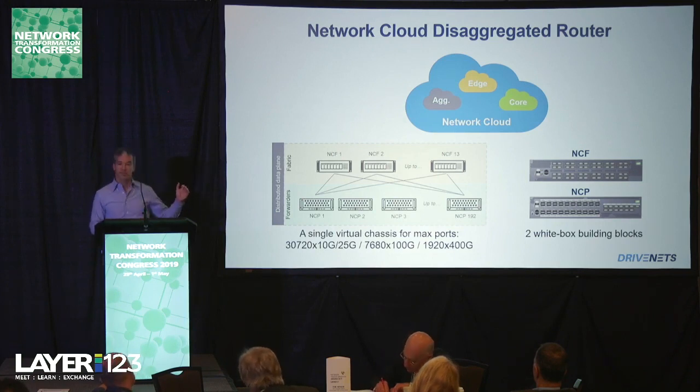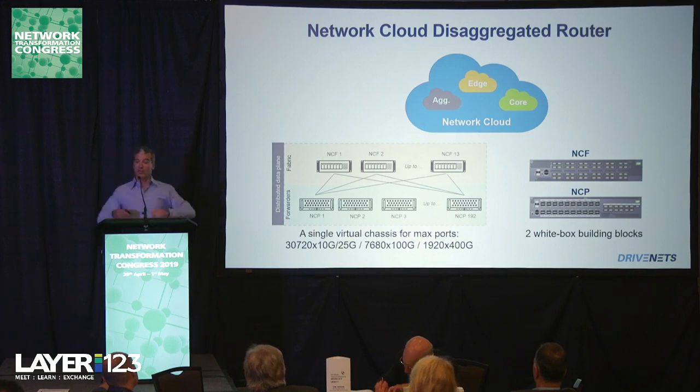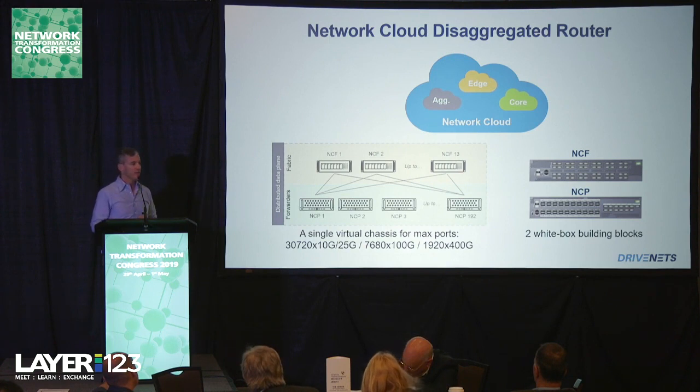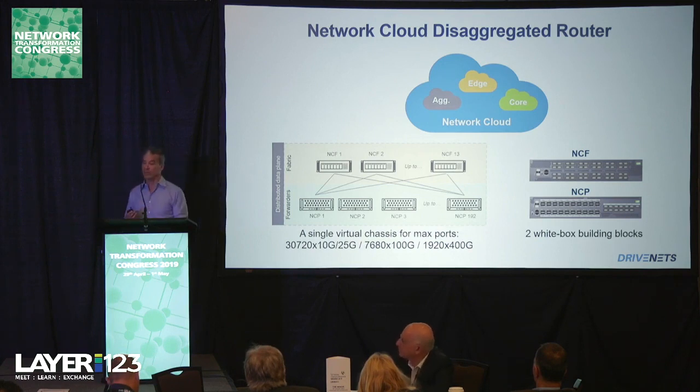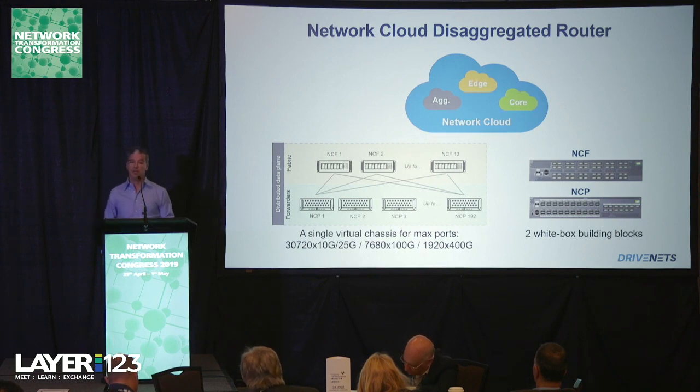We disaggregated the data plane from the control plane. So the control plane of the router now runs on a different server, and the control plane and the data plane of the routers can scale independently. And in network cloud technology, everything was built with cloud-native technologies, with containers and microservices, so you can easily develop new services. And everything was made with low-cost pizza boxes.